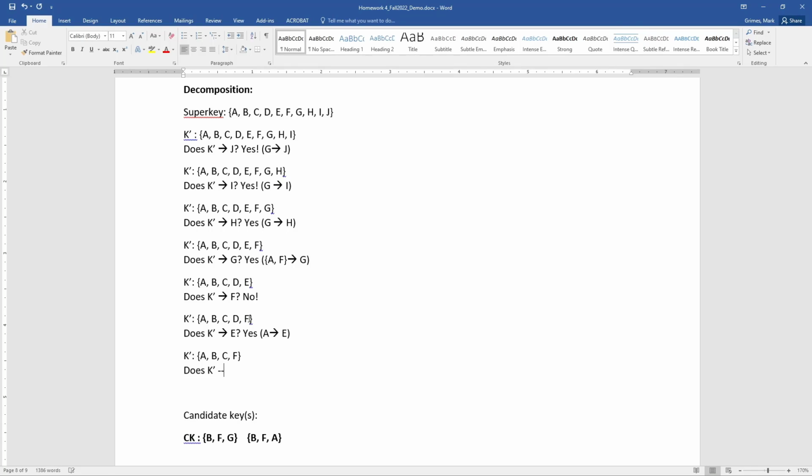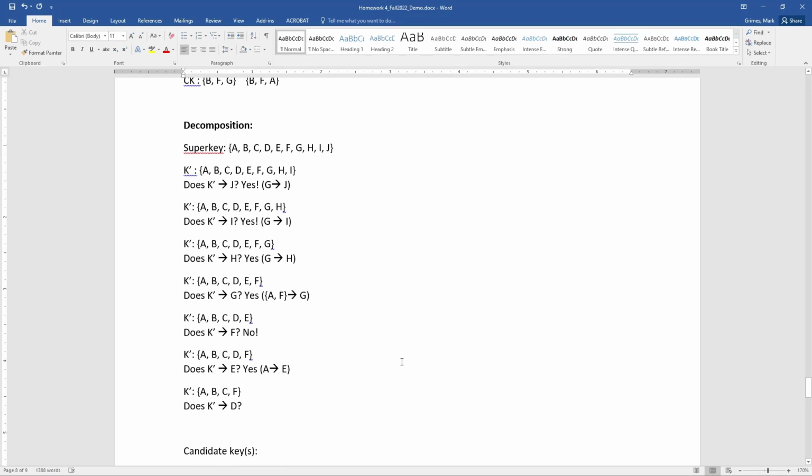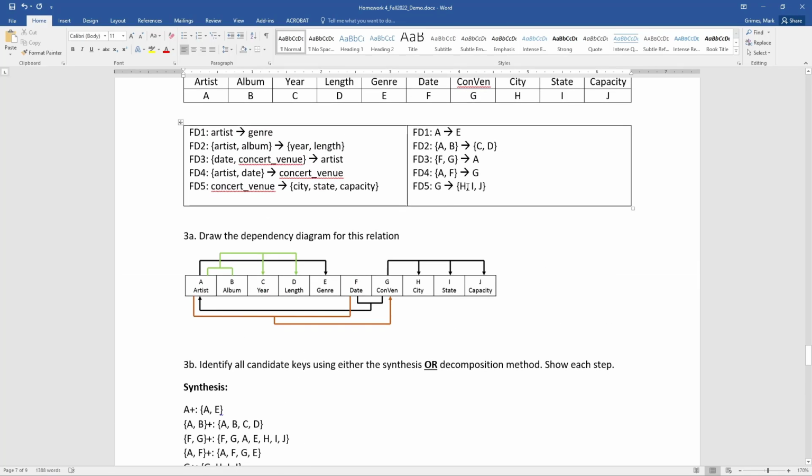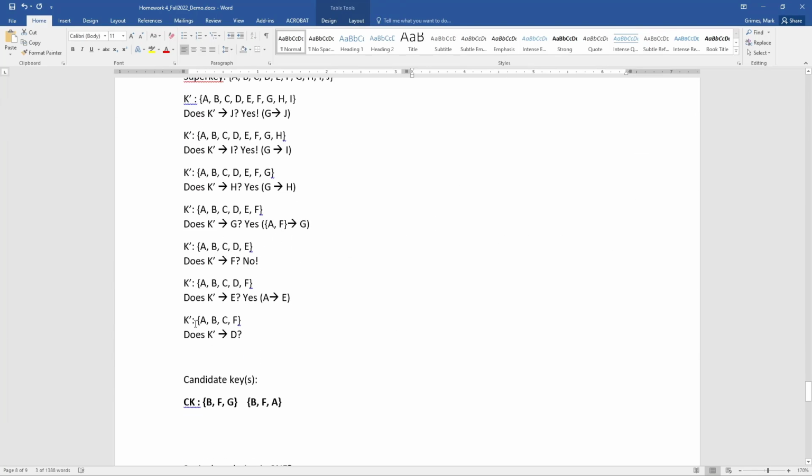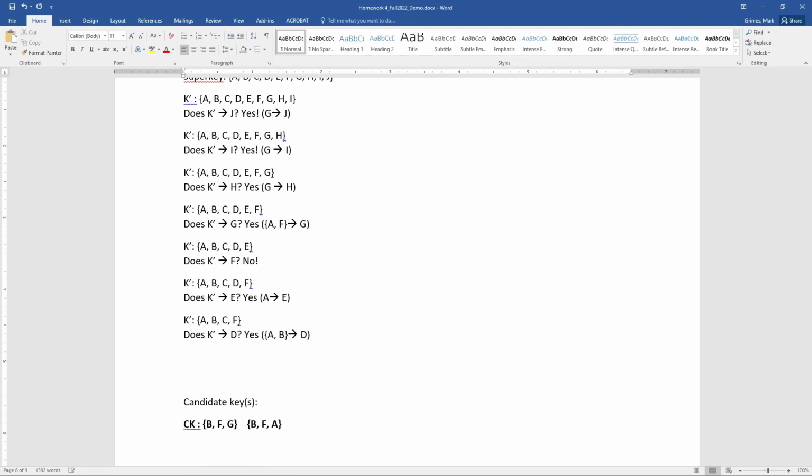Does K prime functionally determine D? A, B, C, F. A and B determine D. So as long as we know AB, we can functionally determine D. So AB functionally determines D. So we can get rid of D. Almost there, everybody.